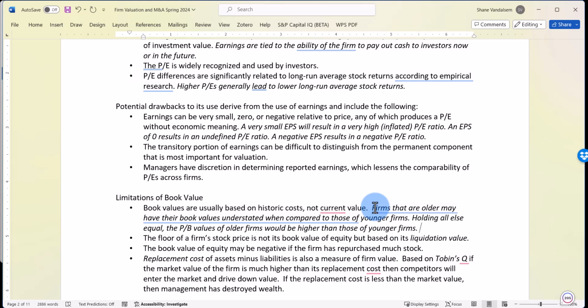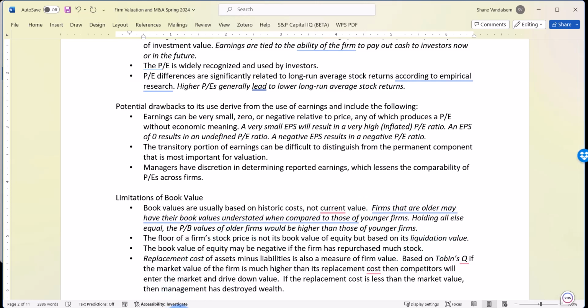They have negative book values of equity, which isn't really a bad thing, because they've essentially used their cash to repurchase shares of stock and reduce the equity value that they have on the books. So it doesn't point to danger for the firm whenever they have that negative equity. It's just a result of accounting practices. So in those cases, the price to book value isn't a useful number to look at.